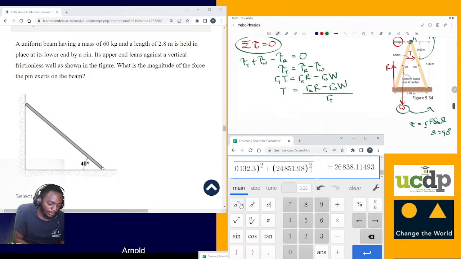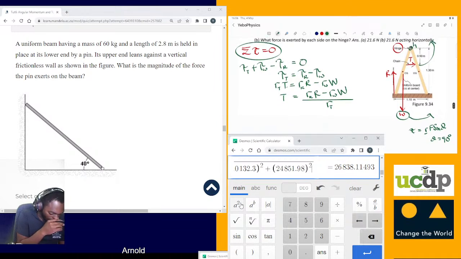So now let's substitute the distance to the pivot. This is our pivot, and this is the perpendicular distance to the pivot. You can see it's making a nice right angle.